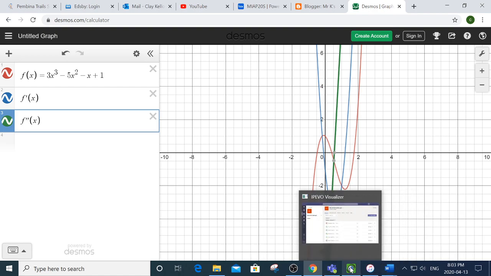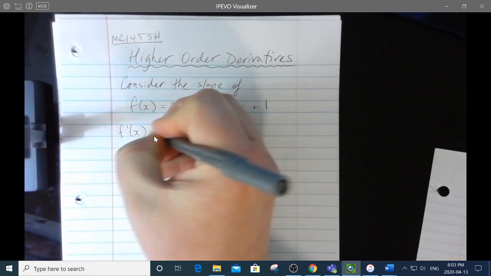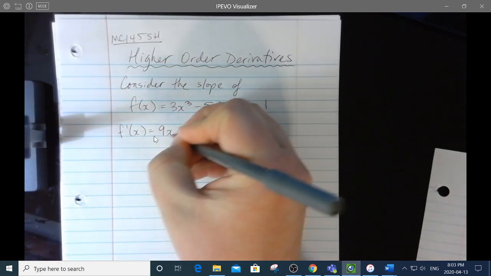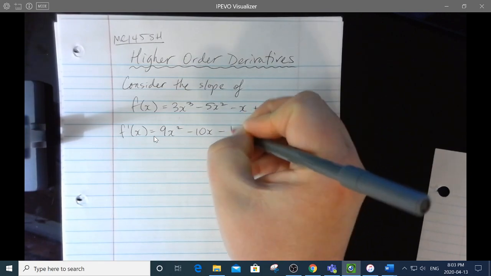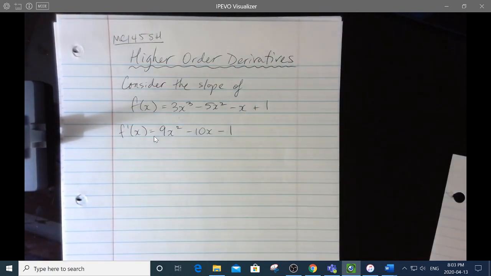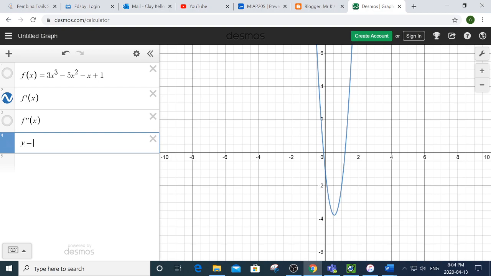If we think about those algebraically, that first derivative was, of course, 9x squared minus 10x minus 1. So let's see if that's true. I think this equation should be y equals 9x squared minus 10x minus 1.